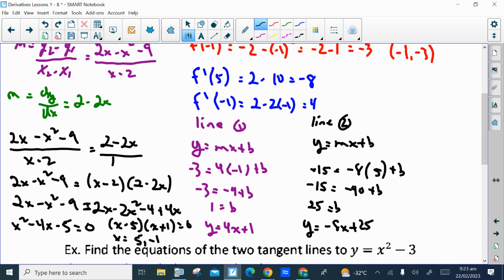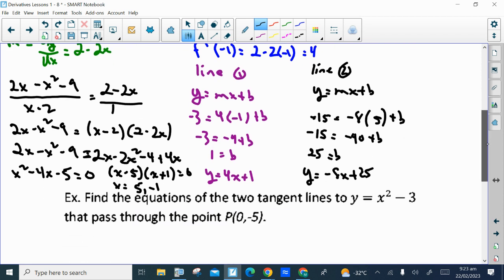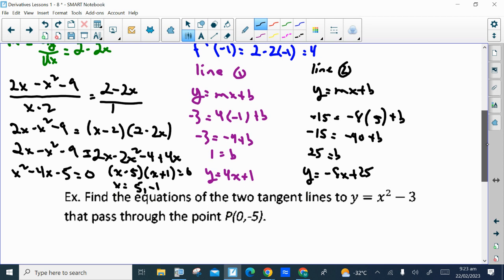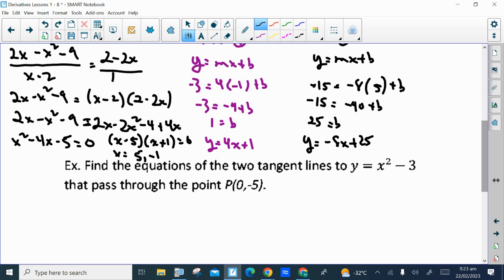So like the last example, we're not given the point of tangency, we have to figure it out. So a bunch of algebra there to do that. And this next one is exactly the same. We've got a curve. We want to find the equation of the two tangent lines that pass through the point 0, negative 5.